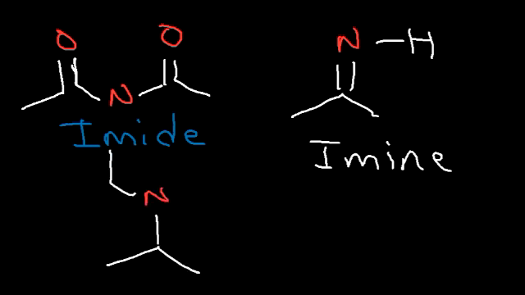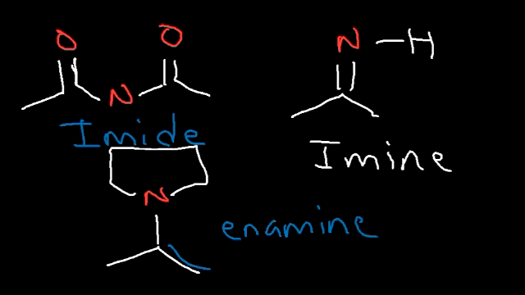And I'm sure you've seen this in your Organic Chemistry 2 course. This is an enamine. And whenever you react a ketone with a secondary amine, this is the product that you'll get, or something like it, and that's the enamine.